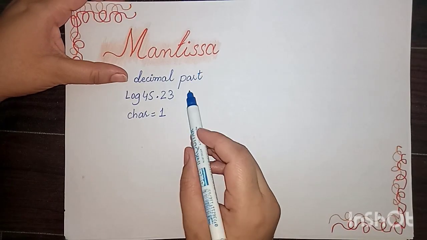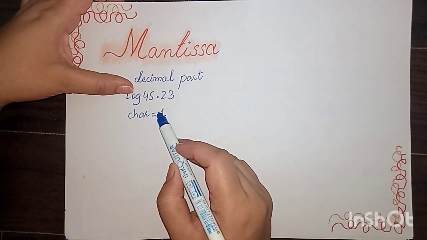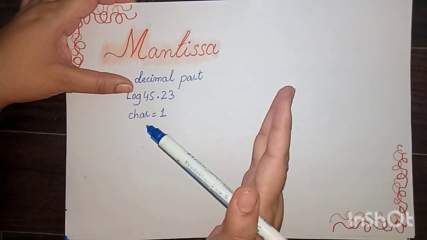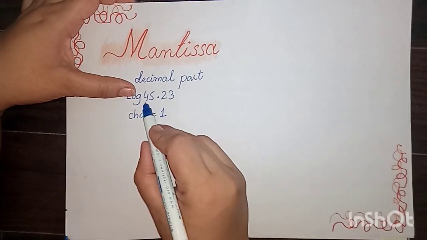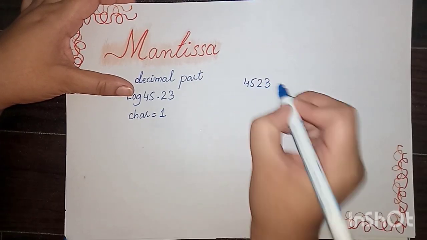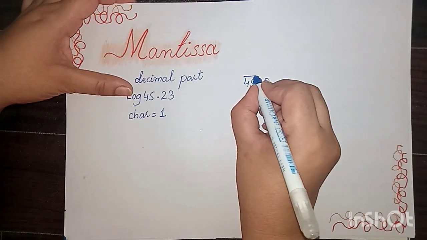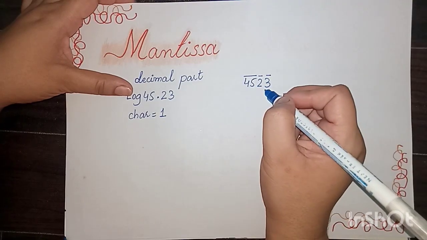Now we will find the mantissa. For the mantissa, first of all we will take the first 4 non-zero digits. My first 4 digits are 4, 5, 2, 3. Now we will make its pairs. My first pair is 45, then 2, then 3.